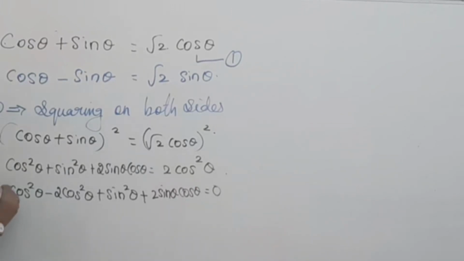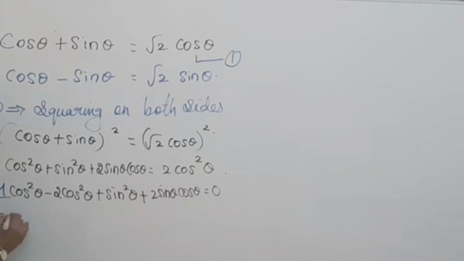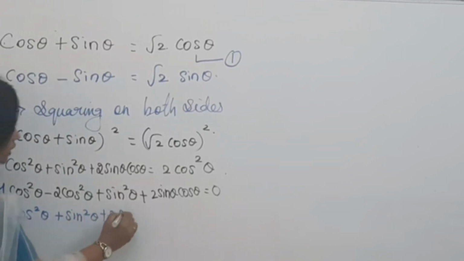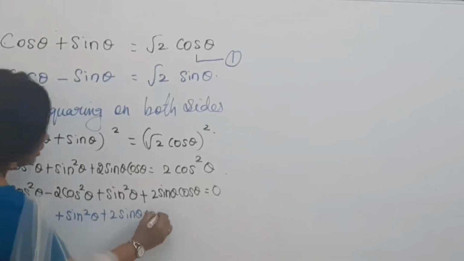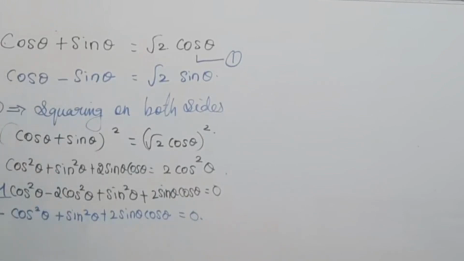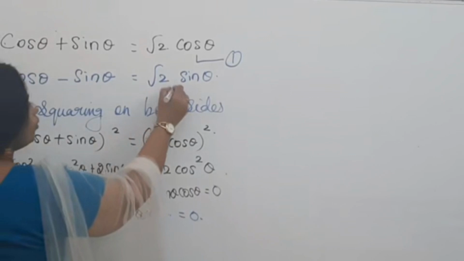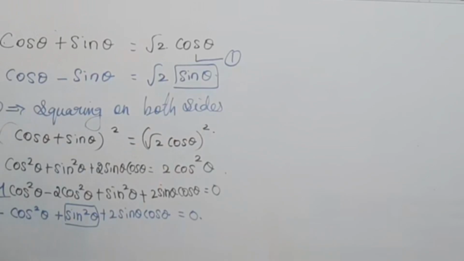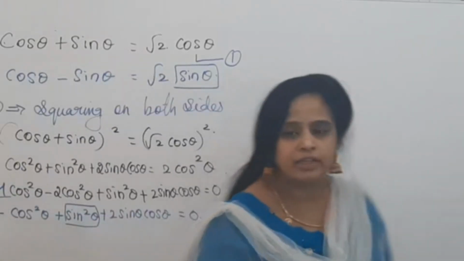So this is 1 cos square theta minus 2 cos square theta, that becomes minus 1 cos square theta plus sin square theta plus 2 sin theta cos theta is equal to 0. You get this one. So my question, what I have to prove, is I want sine theta. So I am going to keep sine theta on one side. The rest all I am going to bring to the other side.